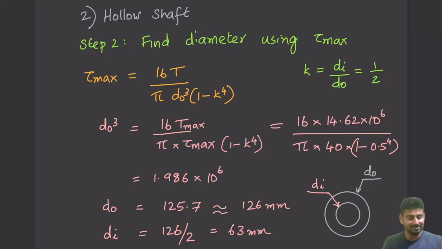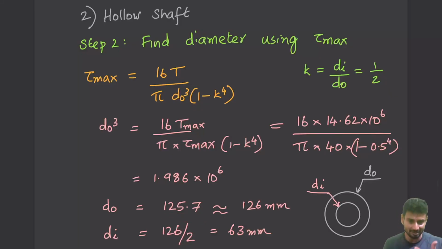Now we can substitute all the values as before. This K value is 0.5. All the other values are same as that we have done before. So the value finally we'll get is 1.986 into 10 raised to 6. And we have to take the cube root to find dO. So dO is 125.7.